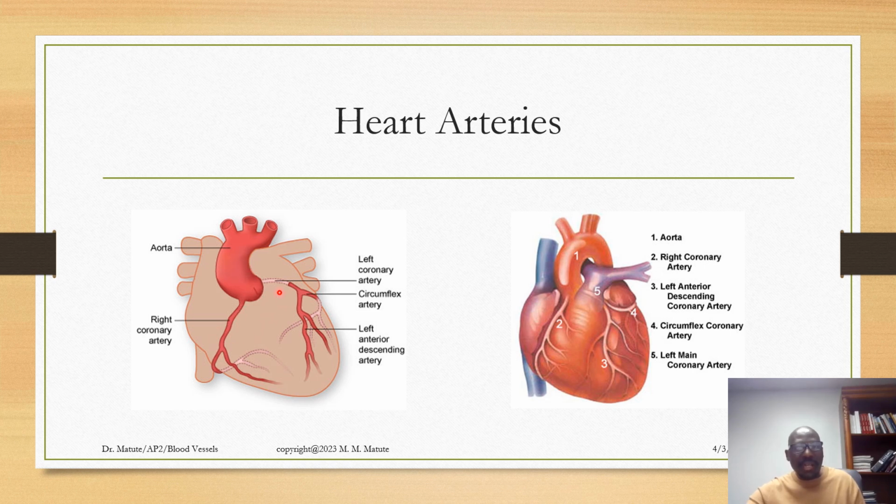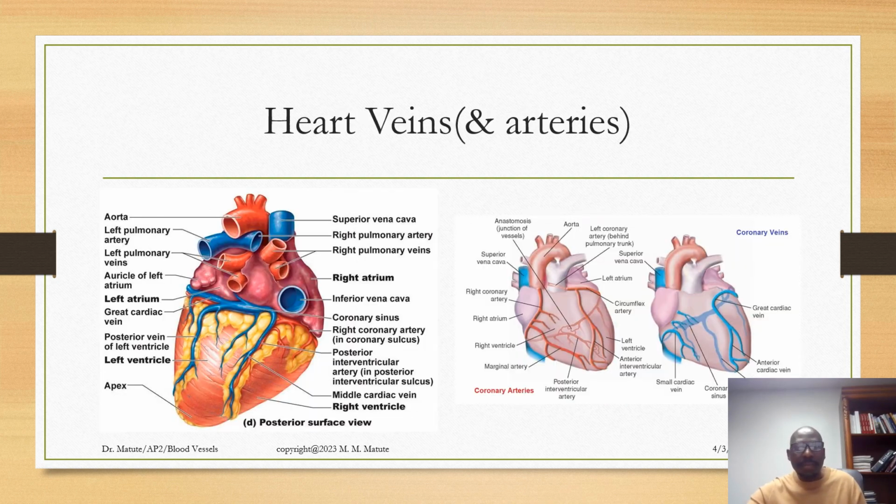The coronary arteries tap some of that blood back into the heart. So the blood that the heart itself uses comes from the coronary arteries. You can see the left and the right over there, and they are tapped from the base of the aorta.